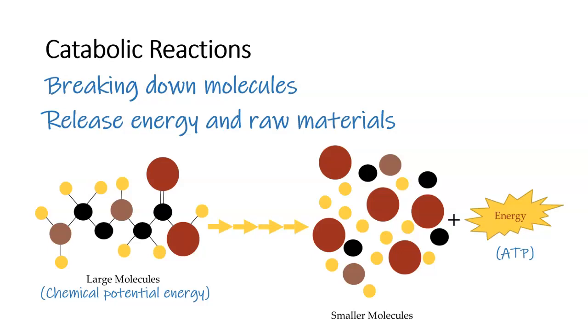Because energy is released, these reactions are considered exergonic. Energy exits the process. The smaller molecules that are made may be recycled and incorporated into other molecules, or they may be released as waste product as a result of these catabolic reactions.